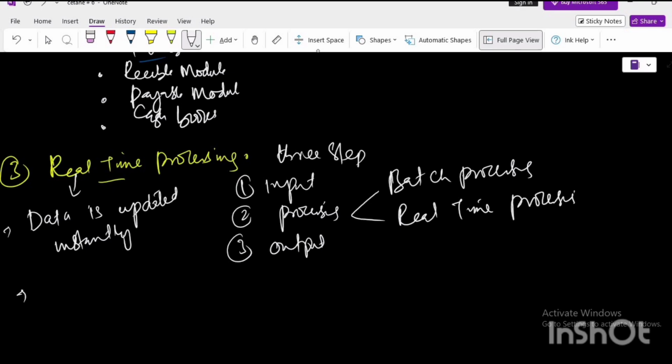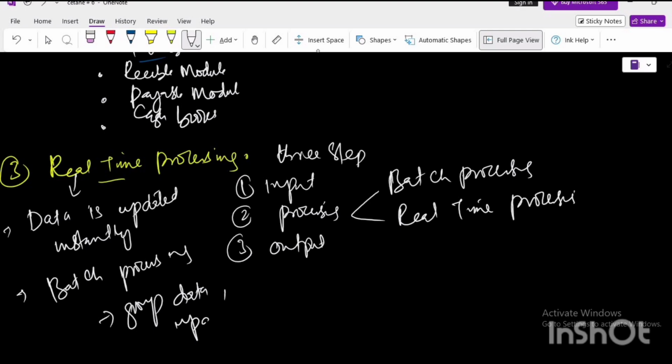And with batch processing, we have studied that grouped data is updated at specific times. If I write here, batch processing is basically group data updated at specific times. Both of these methods are important and useful. Clear? Now let's move on.